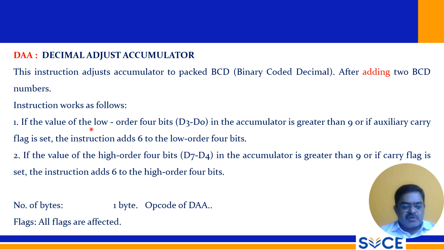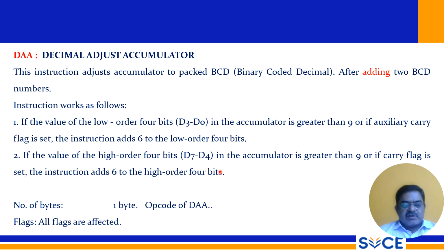If the value of the low order 4 bits D3 to D0 in the accumulator is greater than 9, or if the auxiliary carry flag is set, the instruction adds 6 to the lower order 4 bits. If the value of the high order 4 bits D7 to D4 in the accumulator is greater than 9, or if the carry flag is set, the instruction adds 6 to the higher order 4 bits.